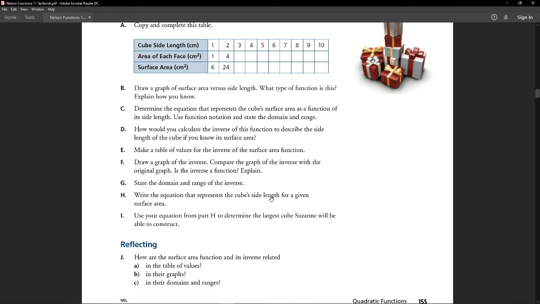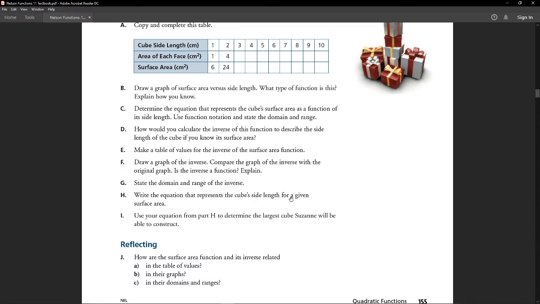Write an equation that represents the cube's side length for a given surface area.